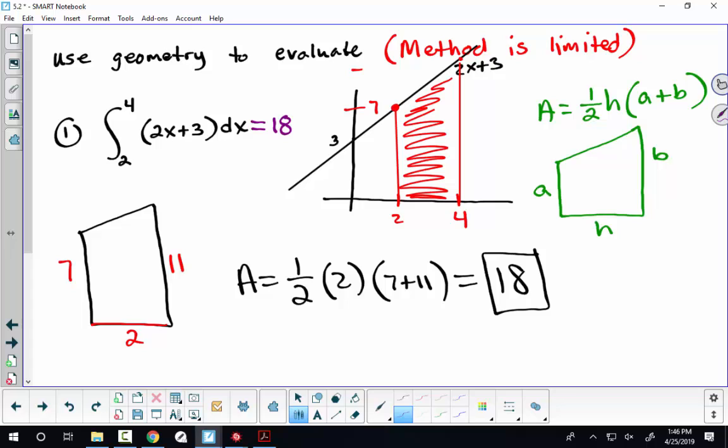What about the definite integral? Well, maybe we can. So here's x and y again.